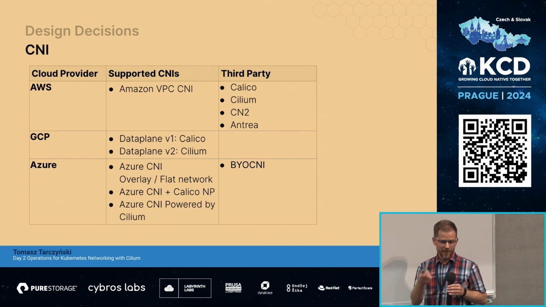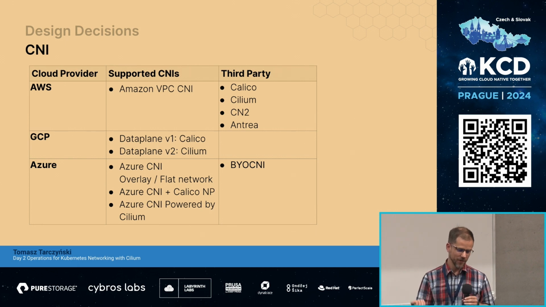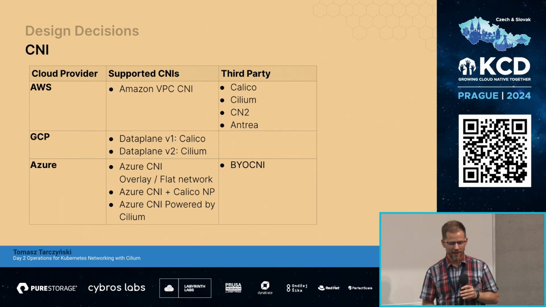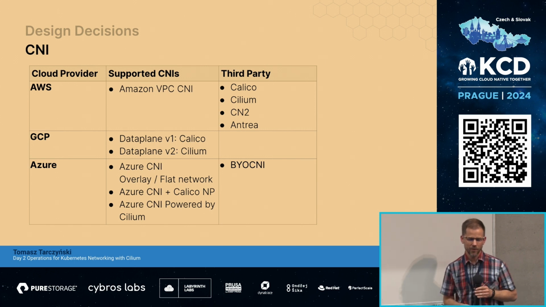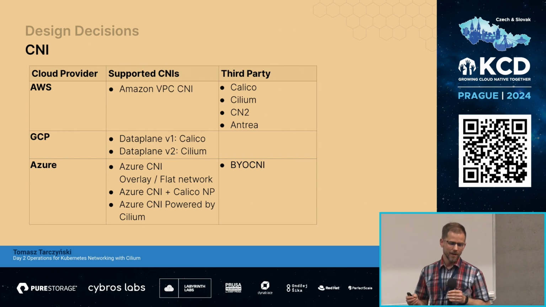In GCP, you have the new option powered by Cilium, but also the legacy option powered by Calico. And similarly in Azure, the newest option that they have is powered by Cilium, but they also have their own older Azure CNI with optional Calico network policy support.